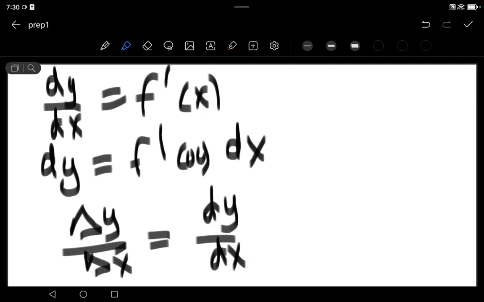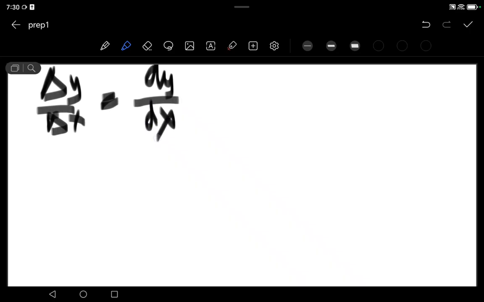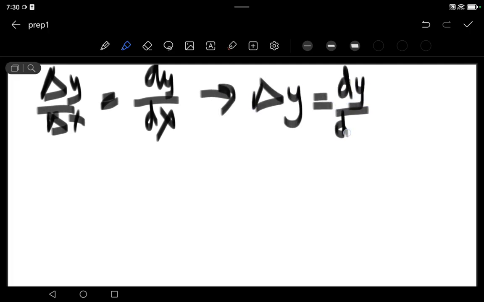This is the approximation. From here we can make change in y the subject of the formula, so change in y equals dy over dx times change in x.